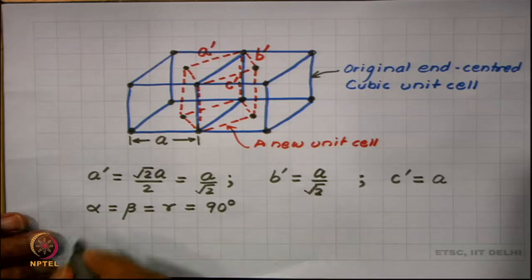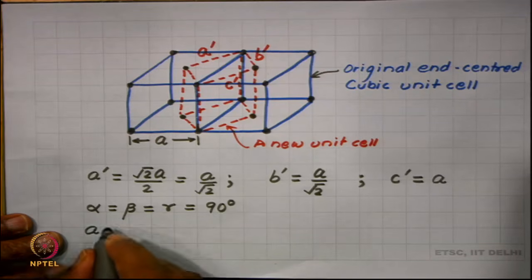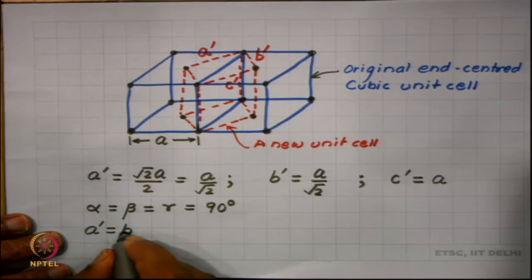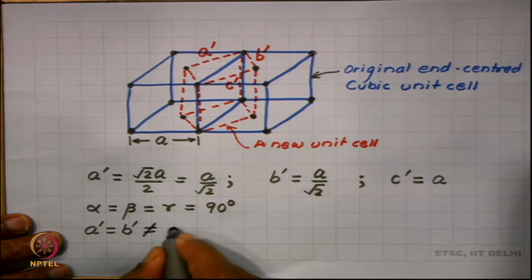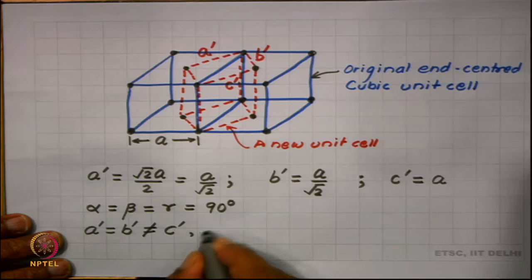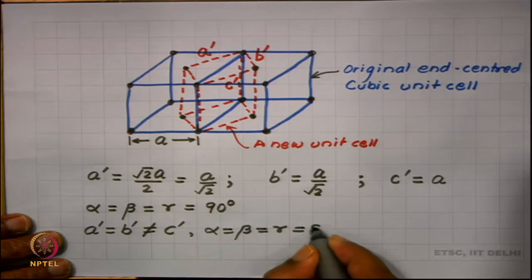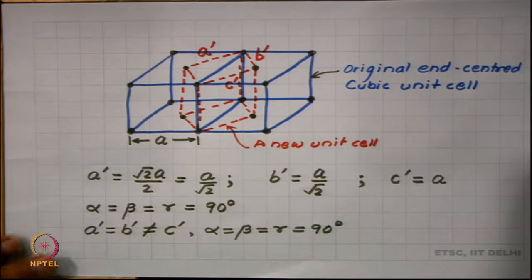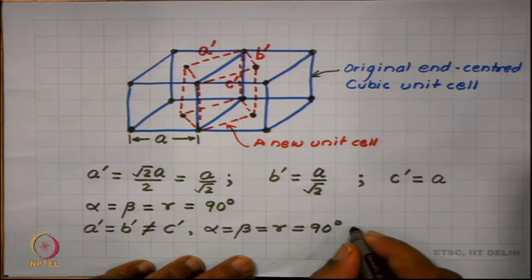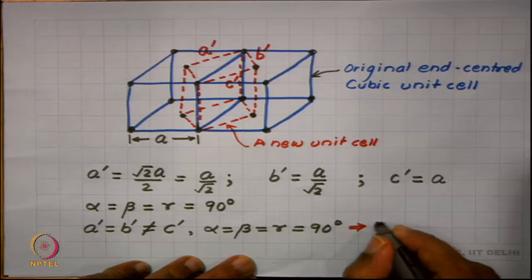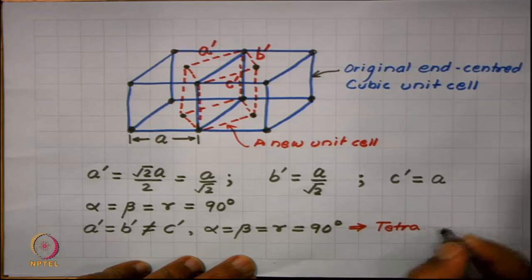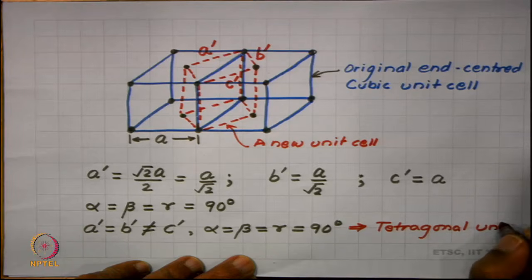So, in this new unit cell, we have a prime equal to b prime not equal to c prime, alpha equal beta equal gamma equal 90 degrees. This is the shape of a tetragonal unit cell.